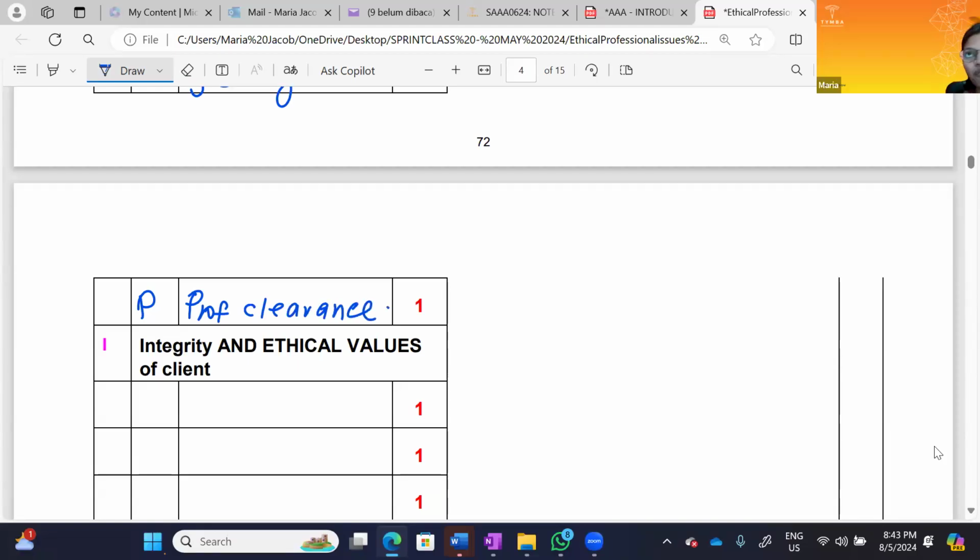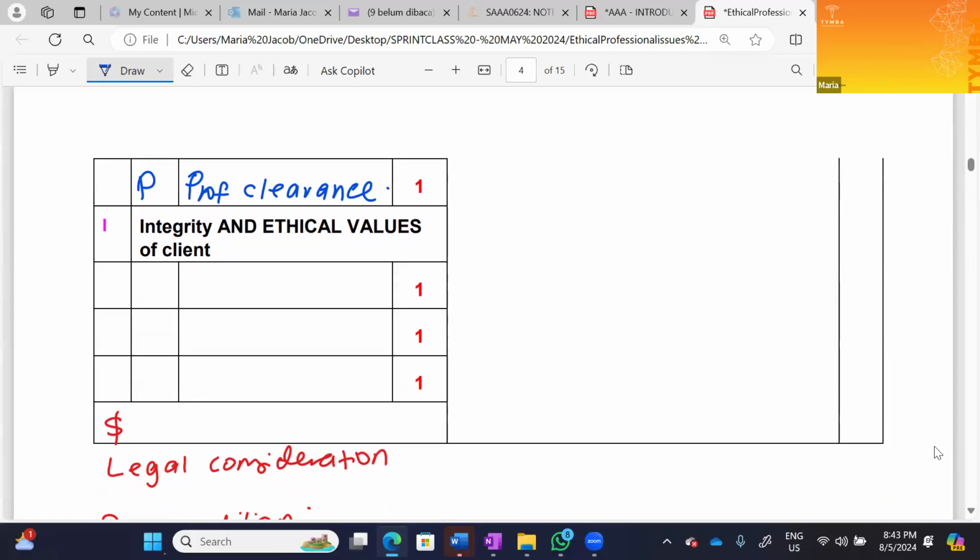If it's a client you audit for the first time, or if it's non-audit services you are providing, you want to ask why they are not asking their previous auditor or current auditor to do it. If it's a new client, you want to obtain professional clearance from the previous or current auditor.